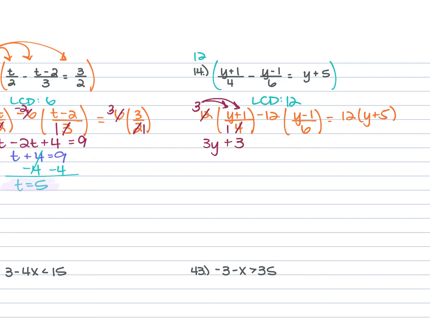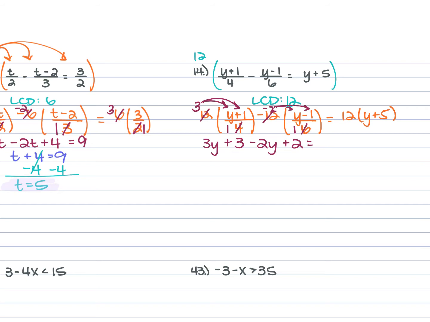The negative 12 times y minus 1 over 6. Negative 12 and 6 share a common factor of what? 6. So 6 becomes 1. The negative 12 becomes negative 2. So negative 2 times y is negative 2y. Negative 2 times negative 1 is plus 2.